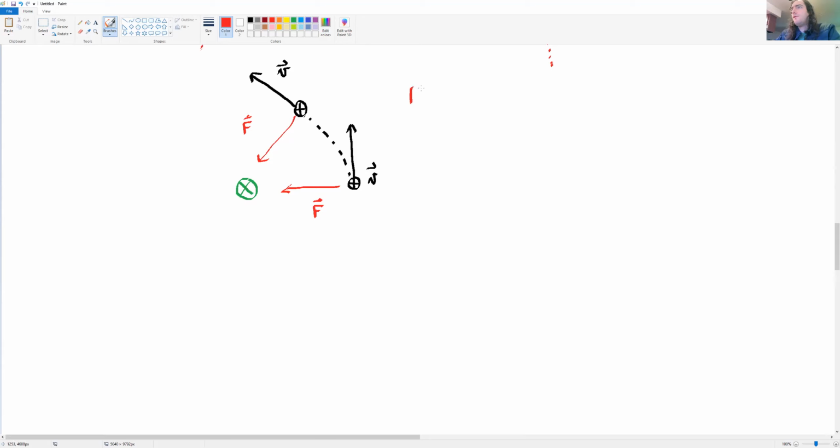And so the force always points to the center of a circle.